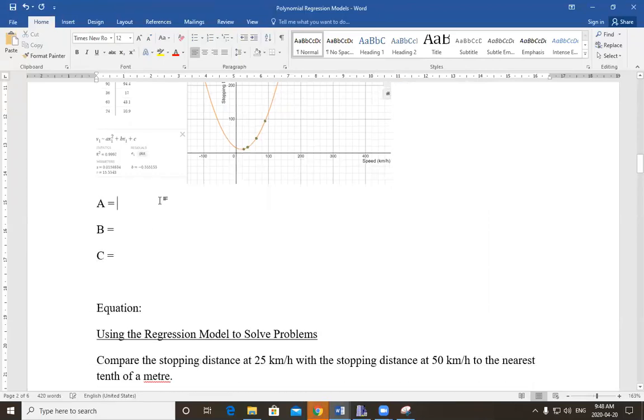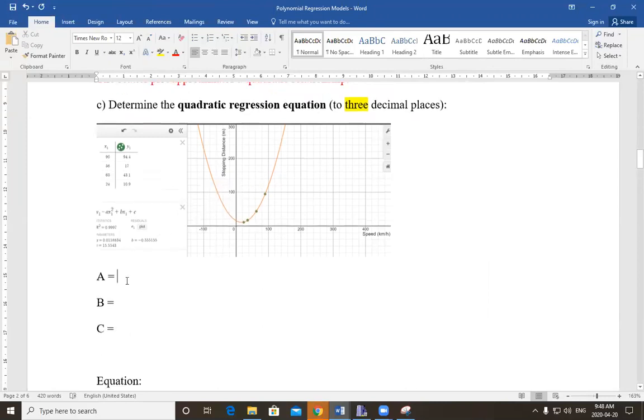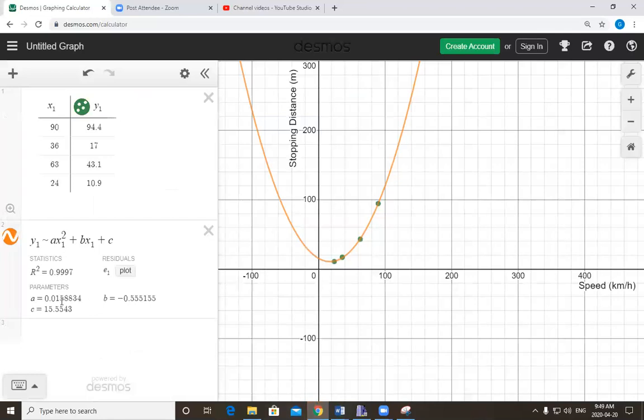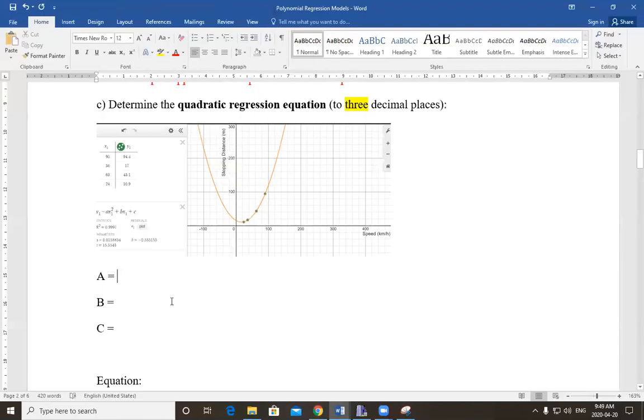Okay, so what we're going to do next is type in the values for A, B, and C. You can see these are all rounded, so we'll put the unrounded versions. A is 0.0158834.